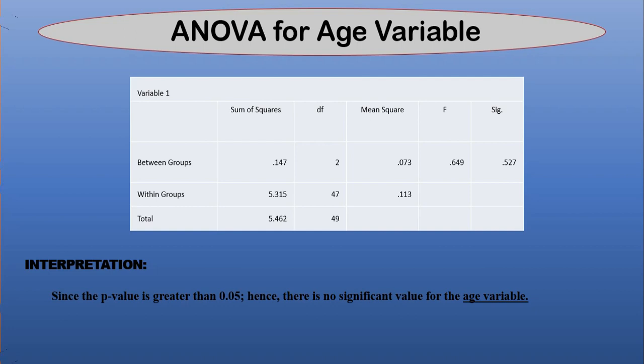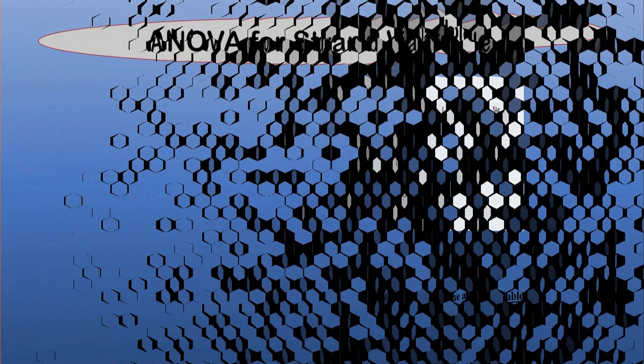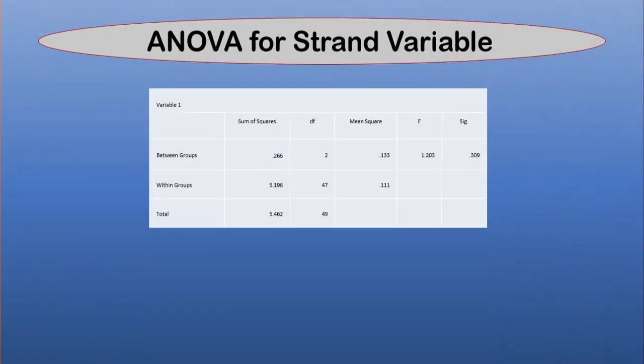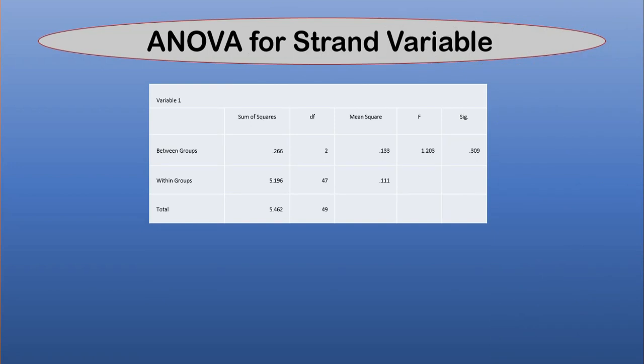For the next slide, which is the strand variable, we analyzed and compared the means using one-way ANOVA and chose the strand group for the factor. We went back to the post hoc and selected the Tukey to get the result along with the descriptive statistics. As you can see, the result is shown in this table.